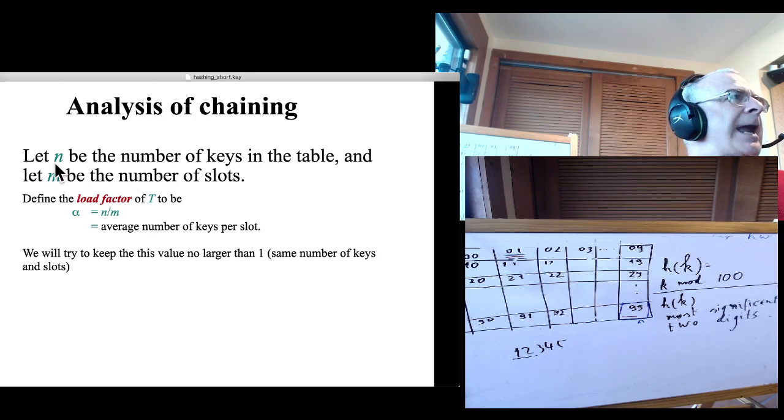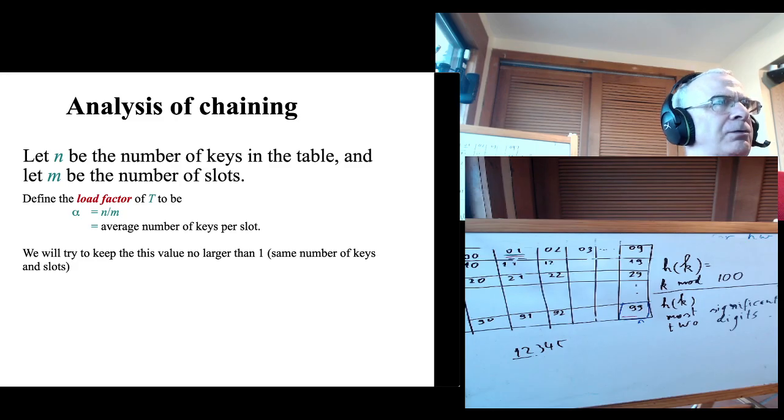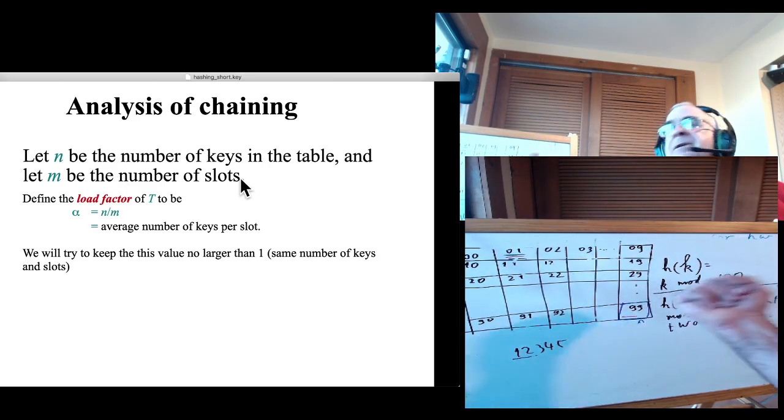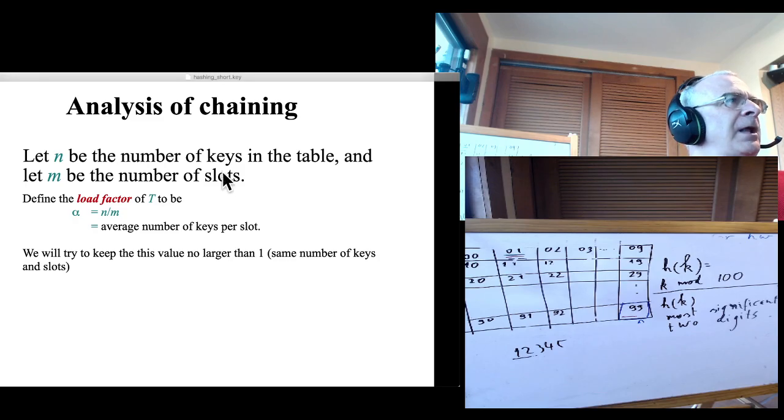So let n, the letter n, be used exclusively to tell me how many keys I store in the table. How many homeworks do I have at the moment? n is always the number of keys in the table. m is always the number of slots in the table, 100 in this cubby. And the load factor, alpha, is a ratio between them, n over m.